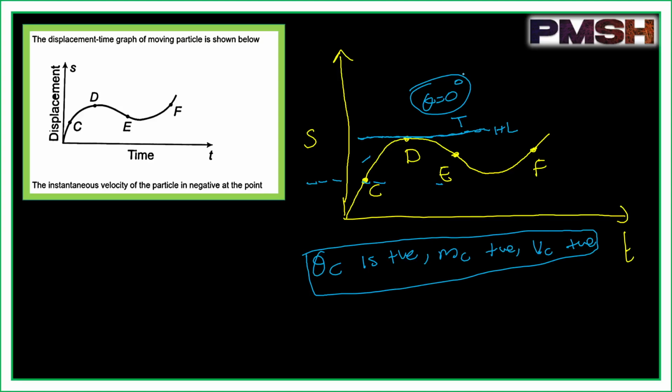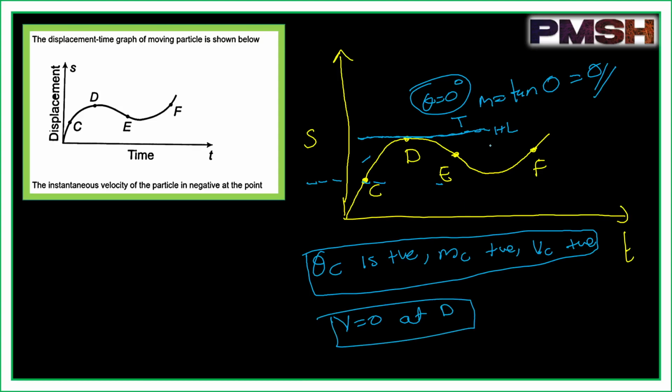There is no slope because it is parallel to the x-axis. M is equal to tan 0, and tan 0 is 0. So the slope is 0. Clear? Hence the velocity is 0. So at point D, V is equal to 0.